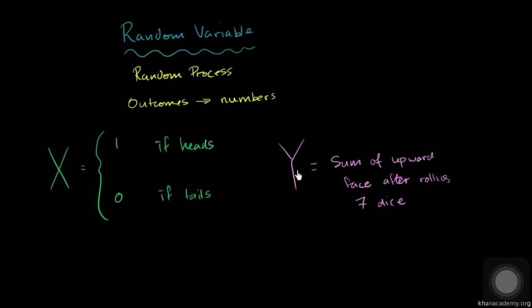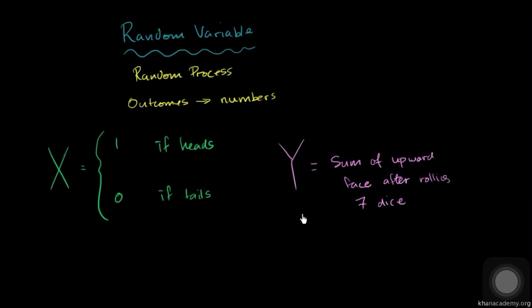Once again, we are quantifying an outcome for a random process. The random process is rolling these 7 dice and seeing what sides show up on top, and then we are taking the sum and defining a random variable in that way.